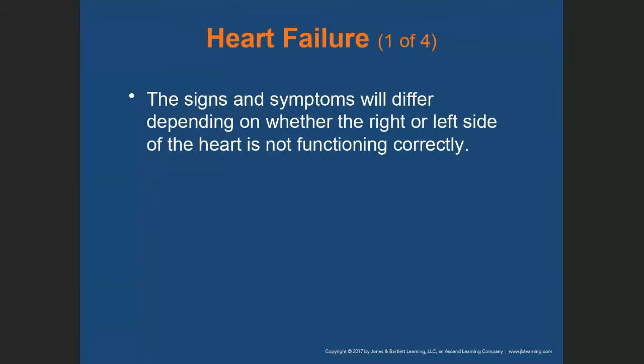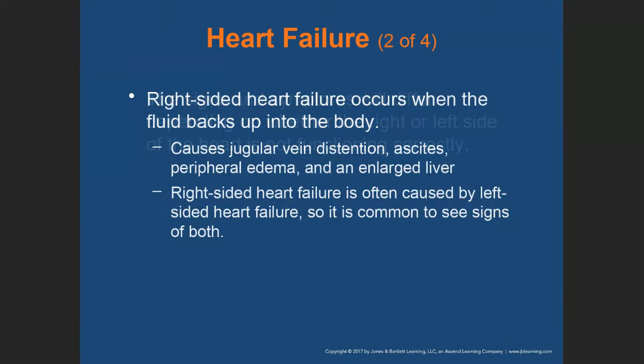The signs and symptoms will differ depending on whether the right or left side of the heart is not functioning correctly. And by now, we know what to look for if it is left-sided or right-sided heart failure. That is my expectation.